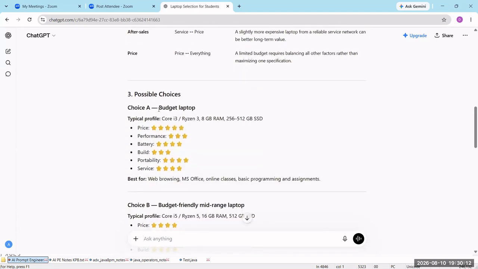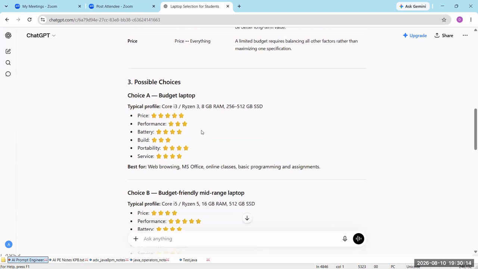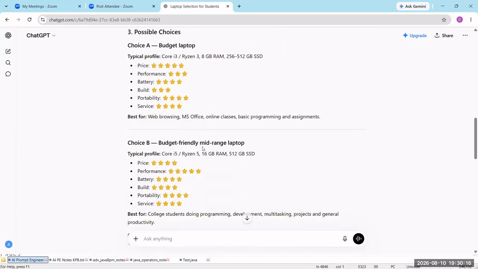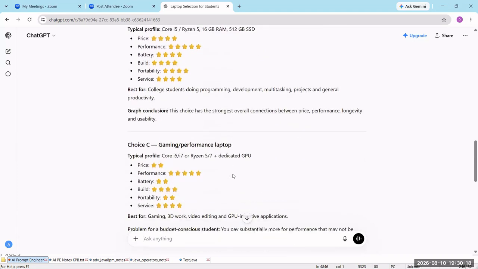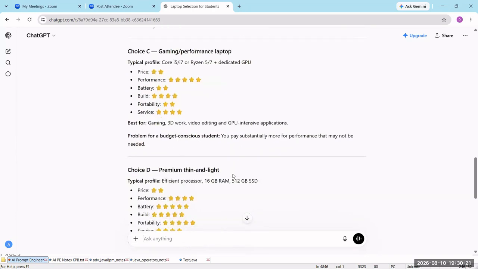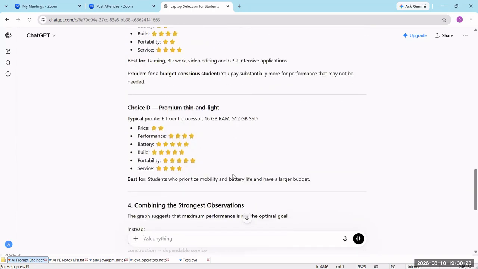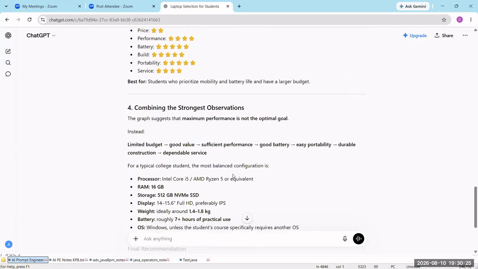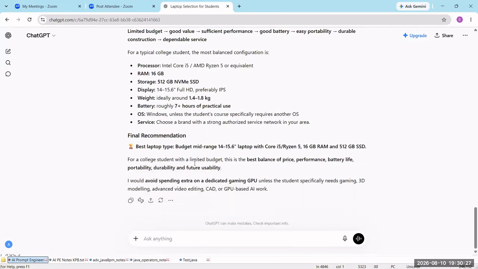So possible choices: choice A, budget laptop; choice B, budget friendly mid-range laptop; choice C, gaming performance laptop; choice D, premium thin and light. So combining the strongest observations, the final recommendation: best laptop type, budget mid-range, 14 to 15 inch laptop with Core i5 or Ryzen 5, 16 GB RAM and 512 GB SSD.